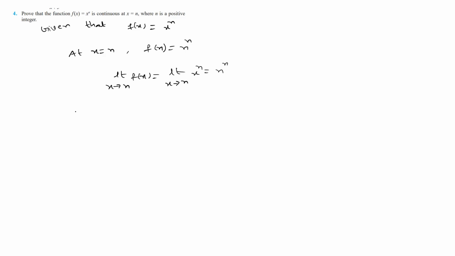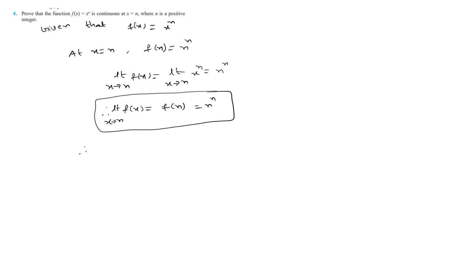Therefore both are the same, means limit x tends to n, f of x is equal to f of n, which is nothing but n to the power n. Therefore, f is continuous at x is equal to n, where n is a positive integer.